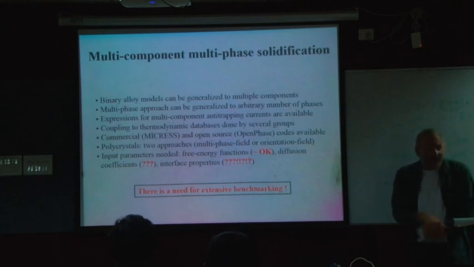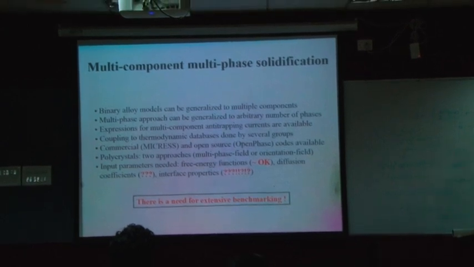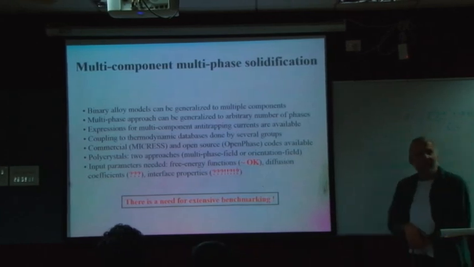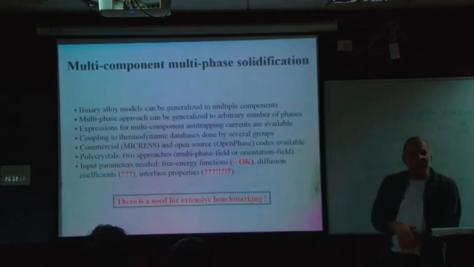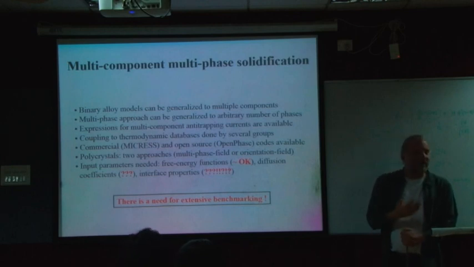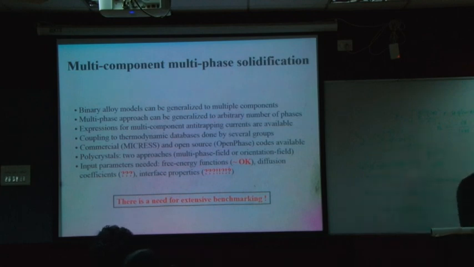Then also, of course, if you have a multi-component alloy, that means that you have not only one composition, but you have several. But if you think about it for a while, actually it's quite easy and straightforward to extend the formalism that I have shown to several concentration fields. Because when you have several concentration fields, well, you also have several chemical potentials. But since all this is based on thermodynamics, the thermodynamics of multi-component systems gives you a straightforward path.